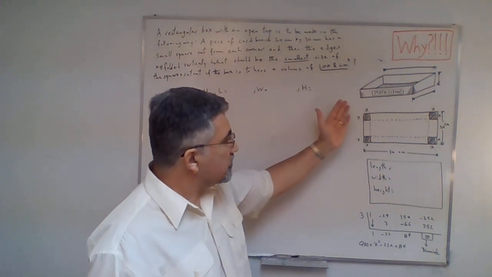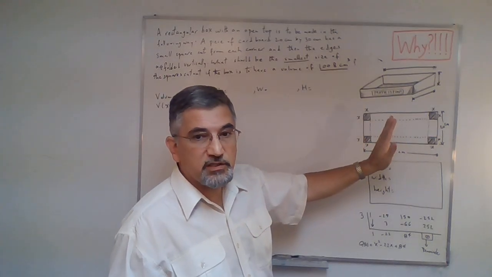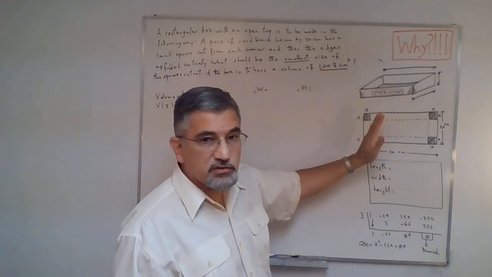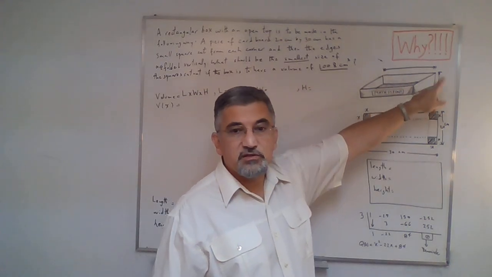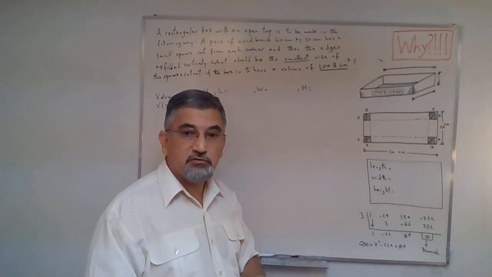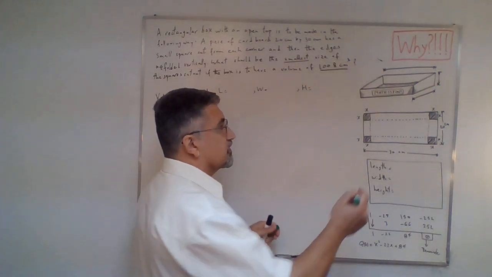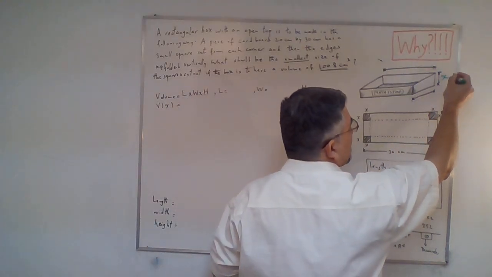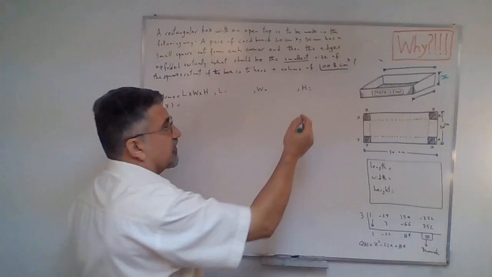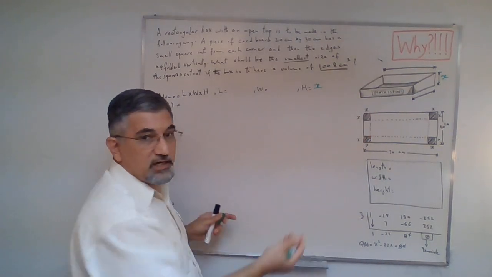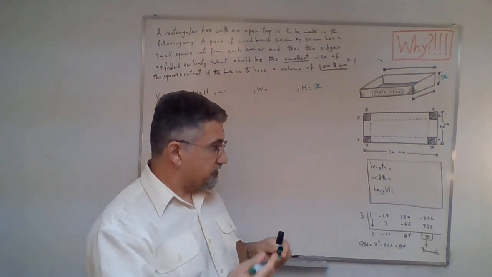But when you fold it up, this x actually becomes the height of the box, if you use your imagination a little bit. So this is actually the x when you fold it up. So the height of the box is actually our independent variable x.